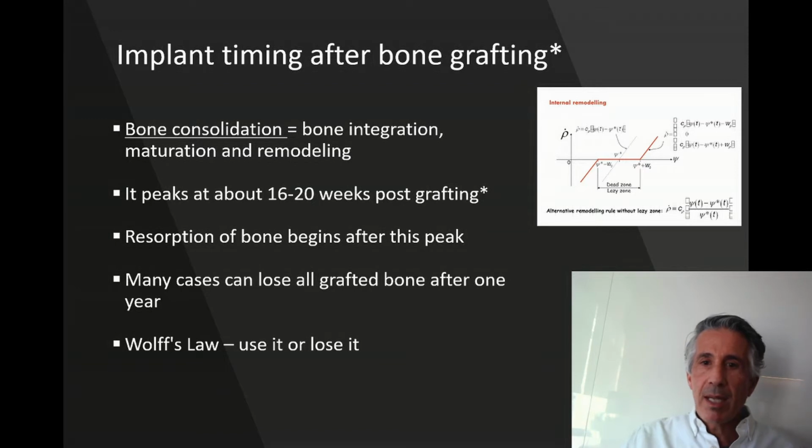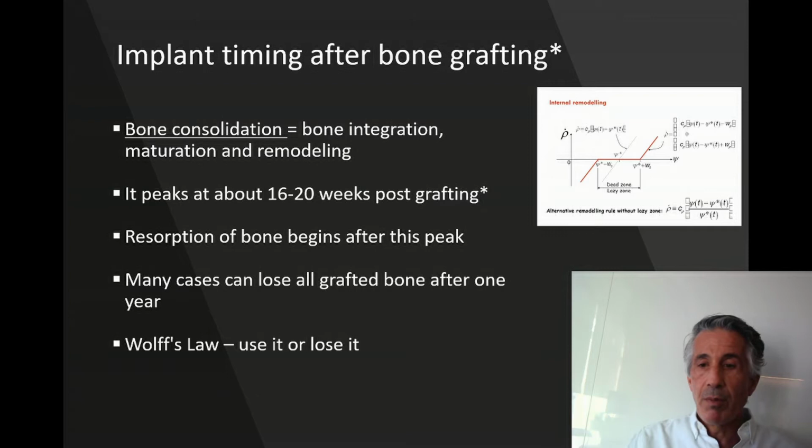The implant timing after bone grafting, the terminology is bone consolidation or bone integration, maturation, remodeling. And this peaks, as I was mentioning, 4 or 5 months after the grafting.